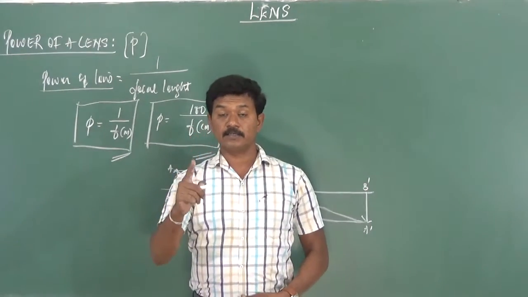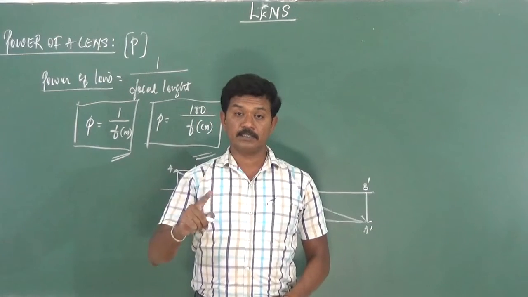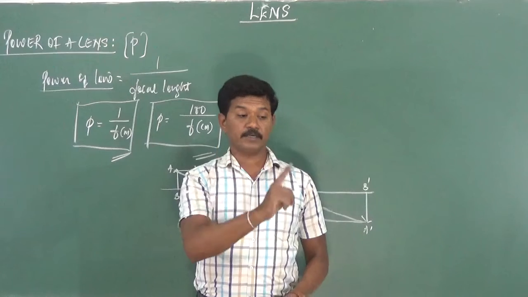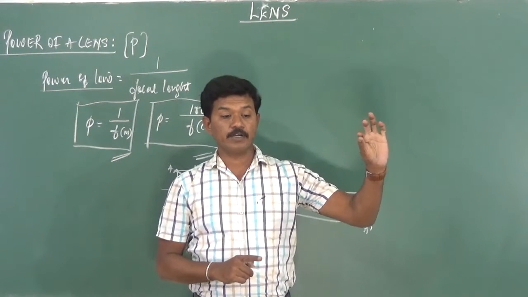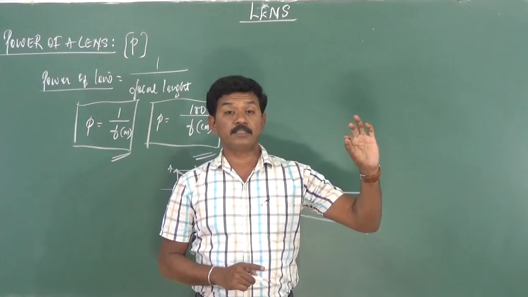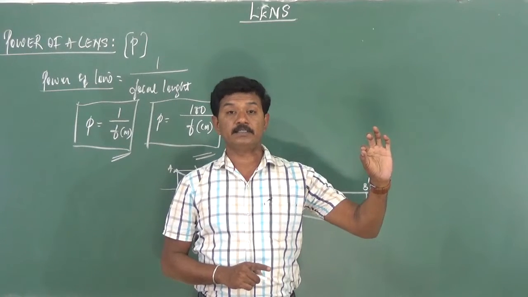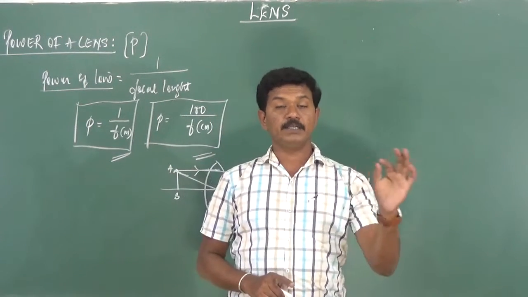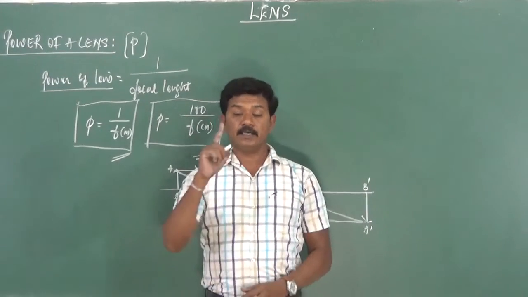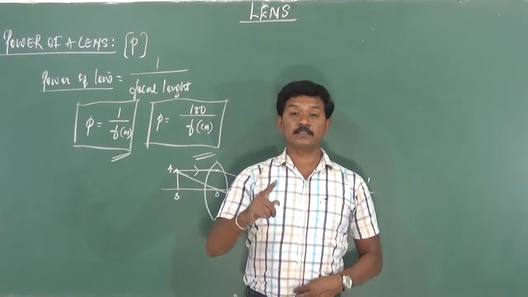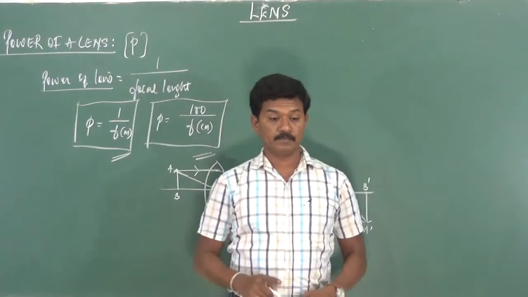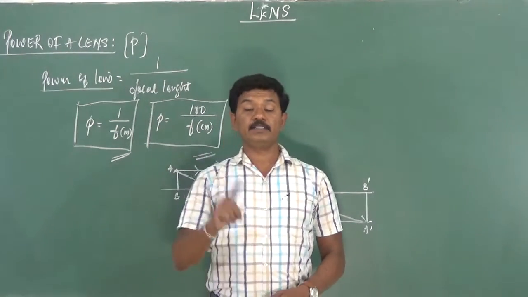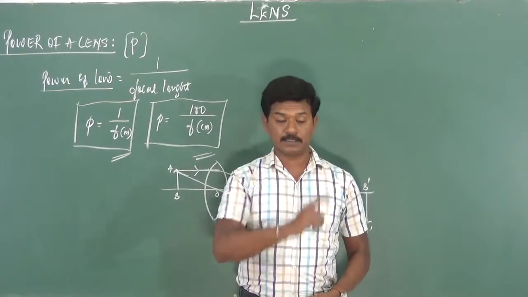If light rays parallel to the principal axis fall on a convex lens, they get refracted, and after refraction they meet at a point on the principal axis. If that point is very near to the principal focus, then we say that the lens has a greater power. In such lenses, the focal length is less.